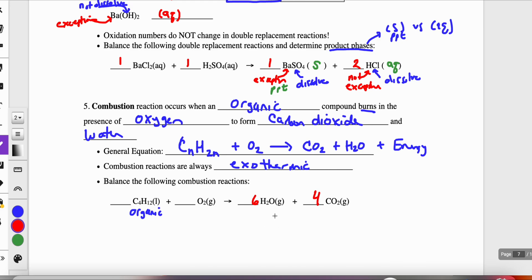I have 6 oxygens from all the waters, plus 8 oxygens from the carbon dioxide. So I have a count of 14 oxygens. But on the left-hand side, I only have 2. So I need to raise that to 14. If I put a 7 in front of the O2, that will make my count 14. So the organic's coefficient is understood to be a 1.